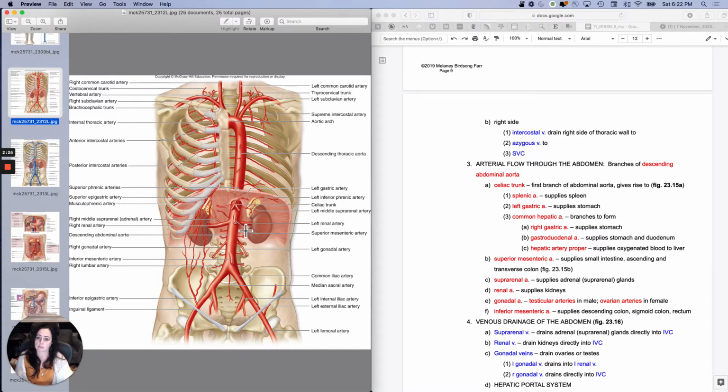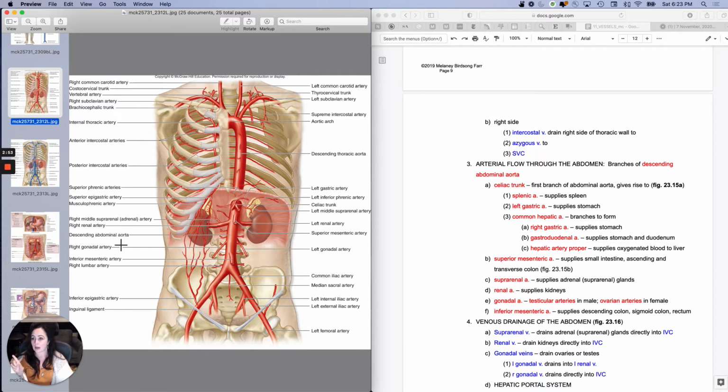The superior mesenteric artery supplies the rest of the small intestine and the first two parts of the large intestine, ascending and transverse colon. The inferior mesenteric artery supplies the rest of the large intestine and the rectum, the descending and sigmoid colon and the rectum. Okay, and then the only other things in this picture are the left and right renal arteries, the left and right suprarenal arteries, and then the left and right gonadal arteries.